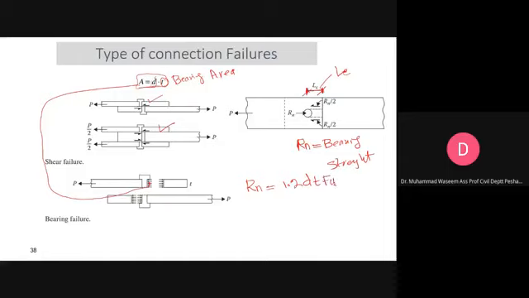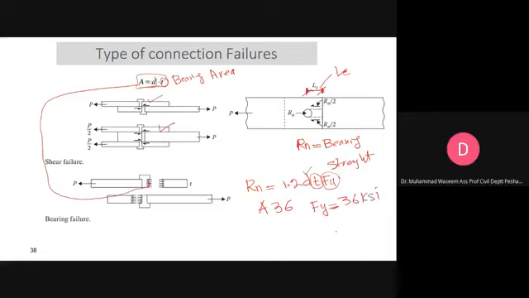d t Fu. You should know the diameter, you should know the thickness of the plate, and you should know the ultimate strength of the material. For example, if we are using A36 steel, what is the Fy value for this type of steel? 36 ksi.